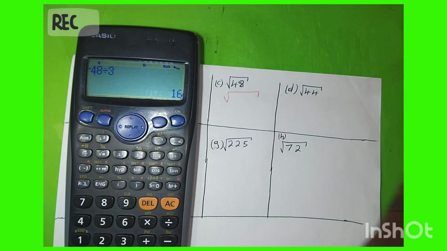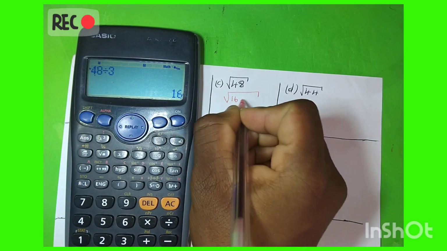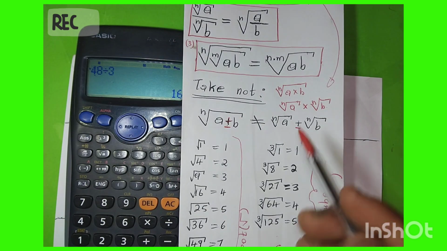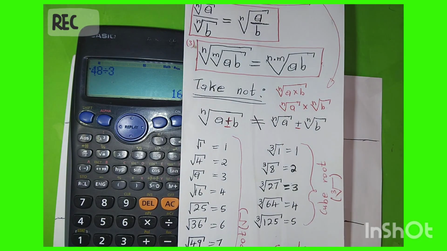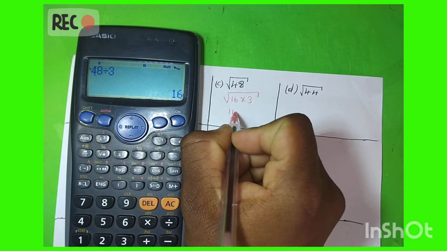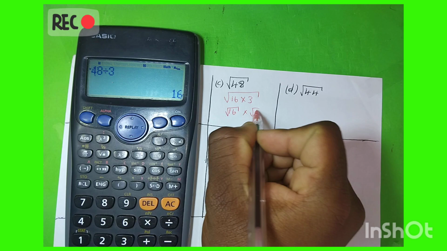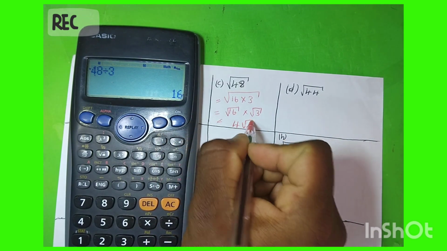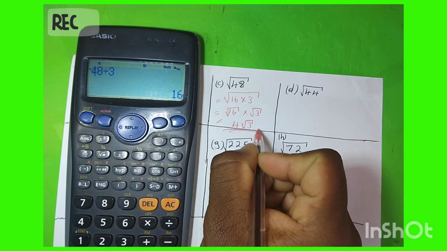So it means that now here I can say 16 times 3. And according to this law, I can break this thing in that form, meaning this time I can break this thing like this times that. Meaning here I'll get 4 square root of 3. That one is my final answer.